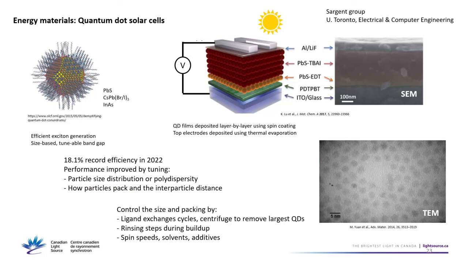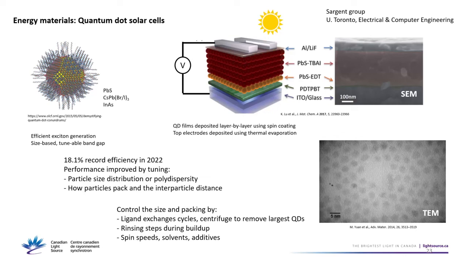We have several groups that are doing solar cell research involving quantum dot materials or nano perovskites. These are little nanocrystals where you can tune the size and the band gap to be perfectly in line with the solar spectrum and generate really efficient excitons.